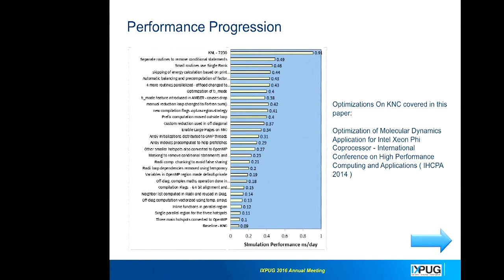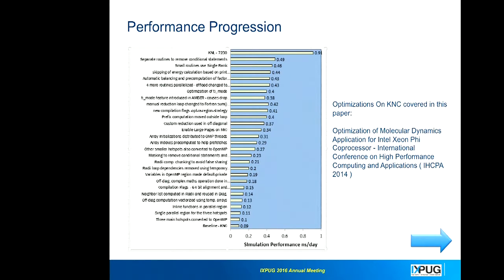We put it in quadrant mode. We use 4 ranks for one KNL, 1 per quadrant, and then the number of threads was equal to the number of cores on each quadrant.